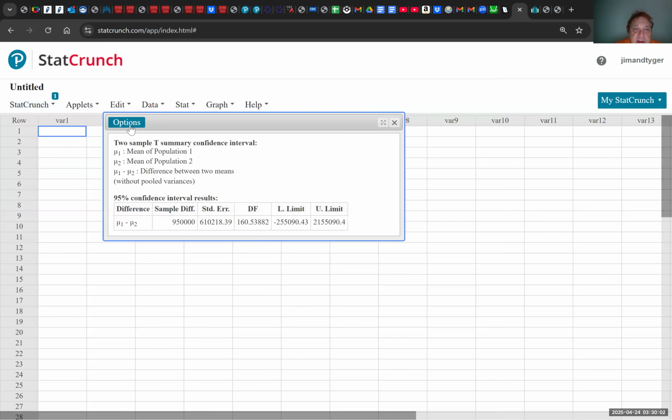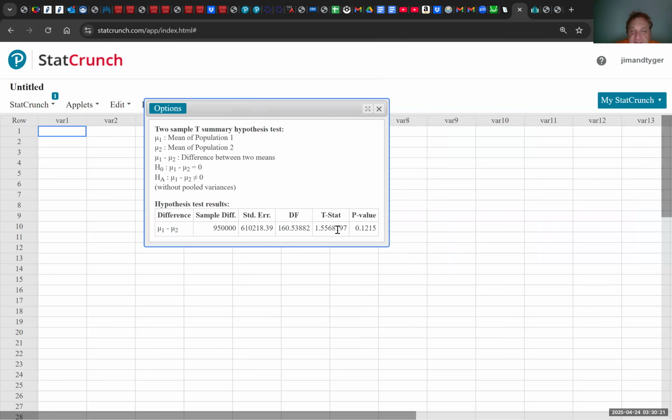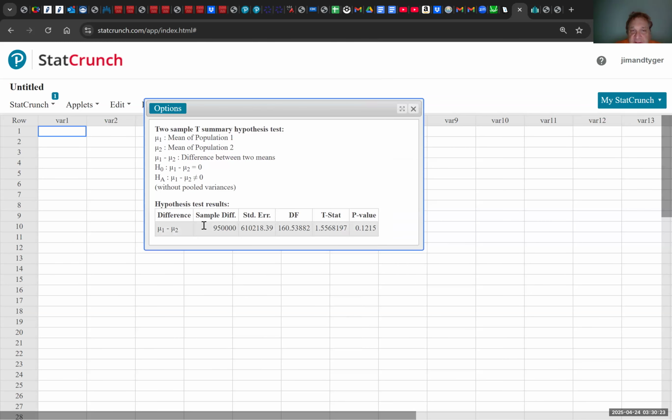I need to edit it to go to hypothesis test: mu1 minus mu2 is equal to 0 versus mu1 minus mu2 is not equal to 0. This is already set up for us. Here are all the numbers I typed in, and I'll hit compute. Here's the readout for the hypothesis test. It gives a lot of information, but the p-value is what I'm really interested in. The p-value is about 0.12.